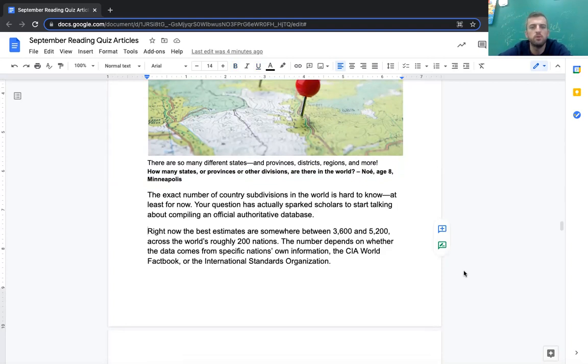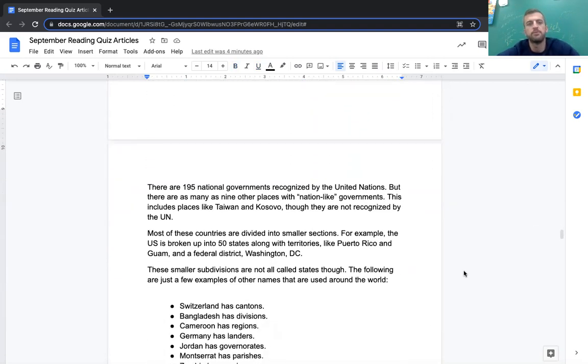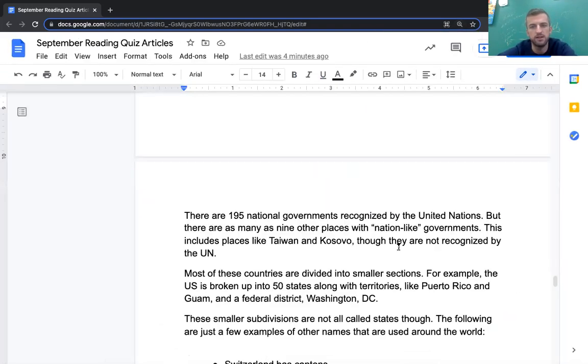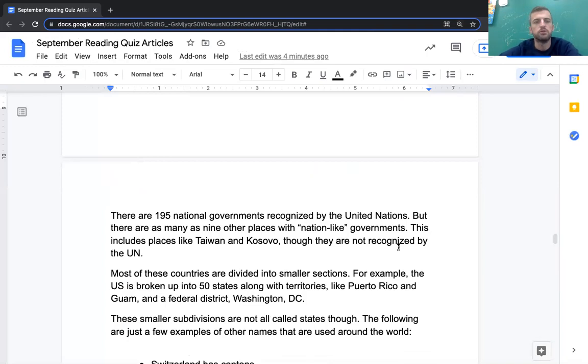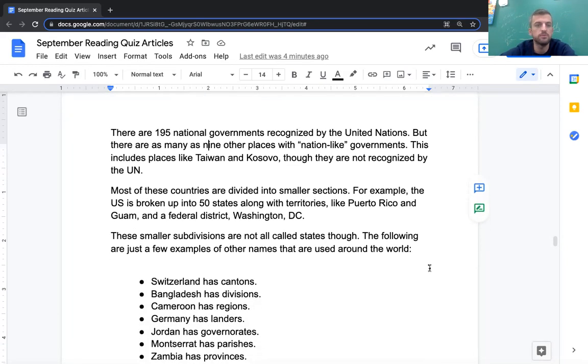The number depends on whether the data comes from specific nations' own information, the CIA World Factbook, or the International Standards Organization. There are 195 national governments recognized by the United Nations, but there are as many as 9 other places with nation-like governments. This includes places like Taiwan and Kosovo, though they are not recognized by the United Nations.